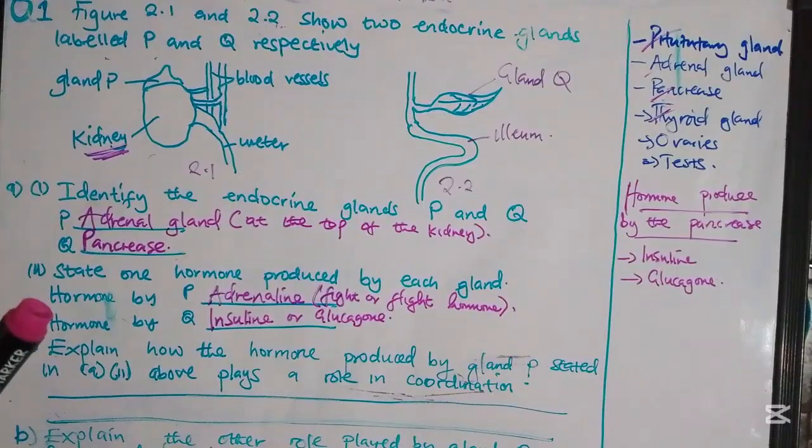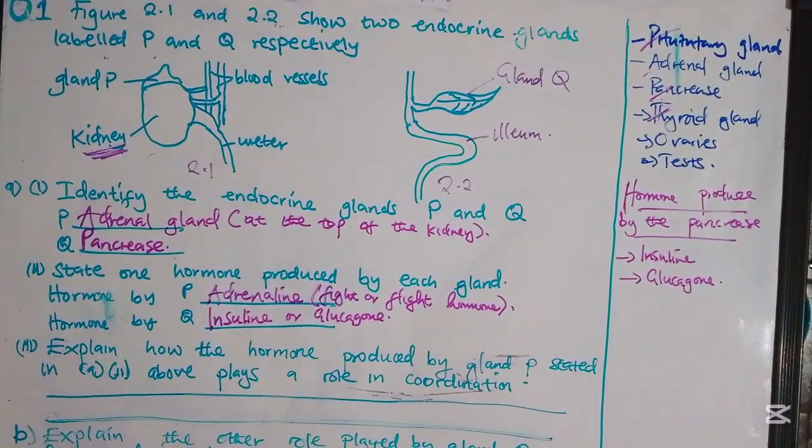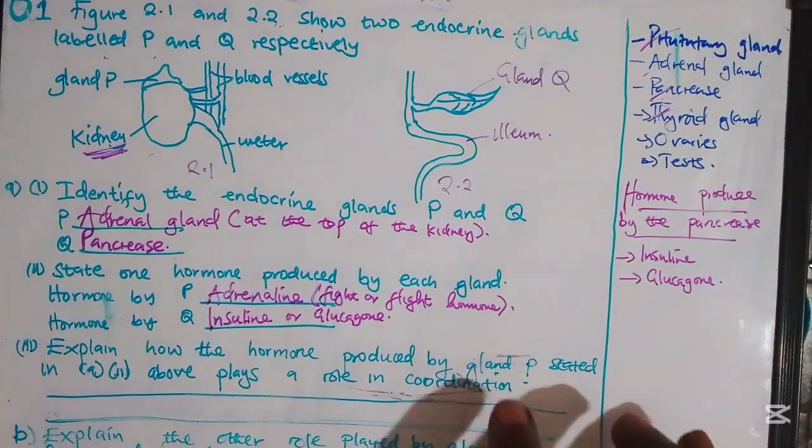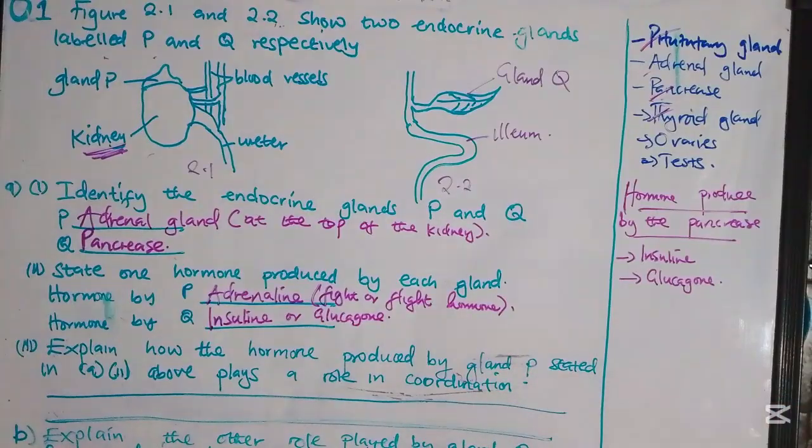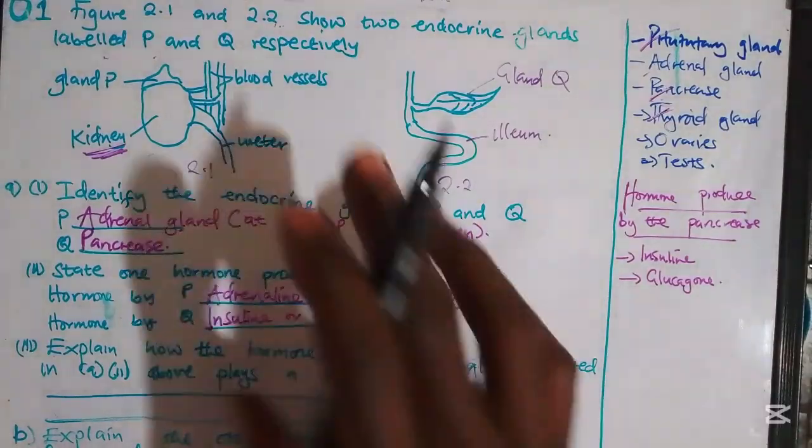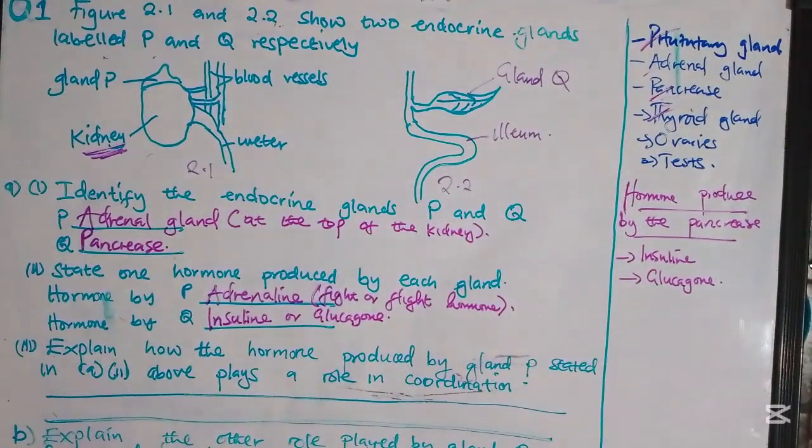Moving on to question 3. Explain how the hormone produced by gland P stated in A2 above plays a role in coordination. So now they are asking you, how does the adrenaline hormone help you to coordinate the movement of your body? We are talking about the adrenal gland.